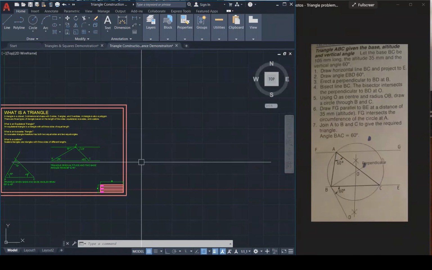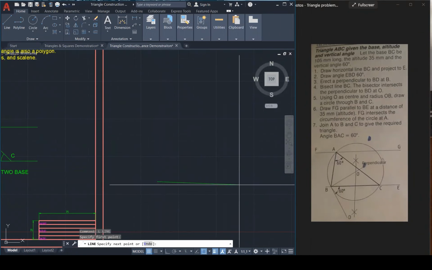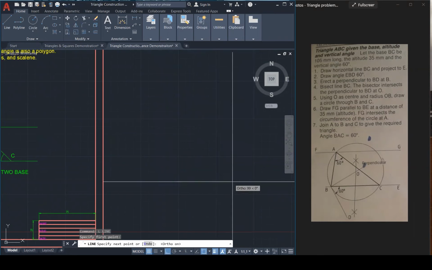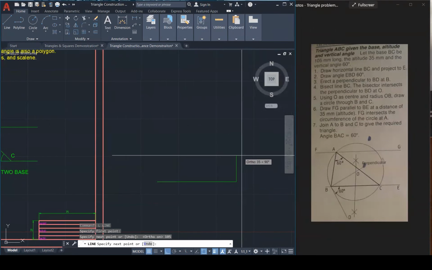So I'm going to come outside for this one and hit L and draw a horizontal line. Let the base BC be 105. So make that 105. Okay, that's my horizontal line.